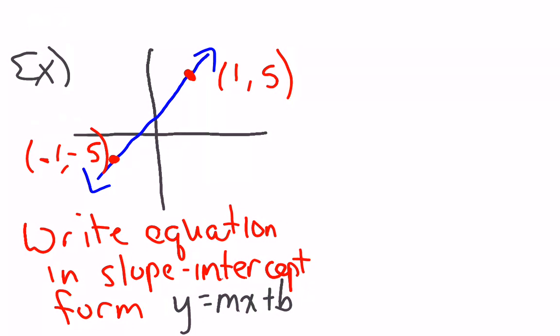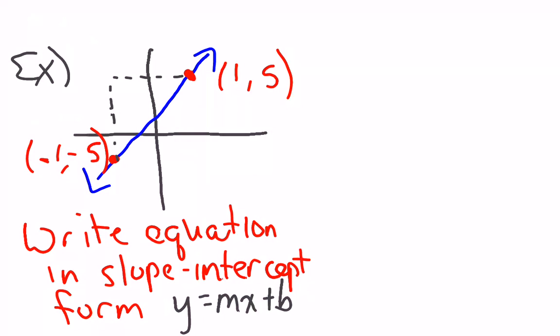Remember, points are x and y. And in this case, we can do a couple of things. In my drawing, we can't do it so much, but if this was on graph paper, then we would be able to kind of count and look at how far the rise and run are, because m stands for slope, so we need to find the slope.